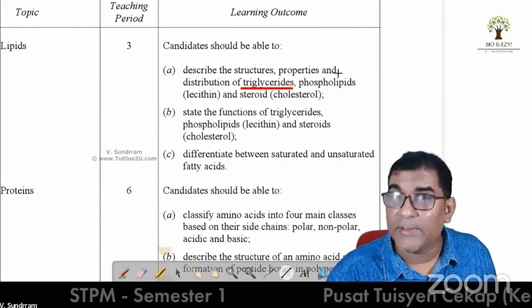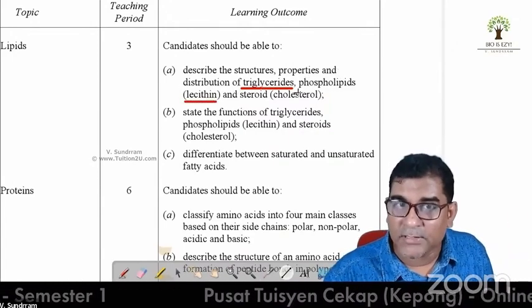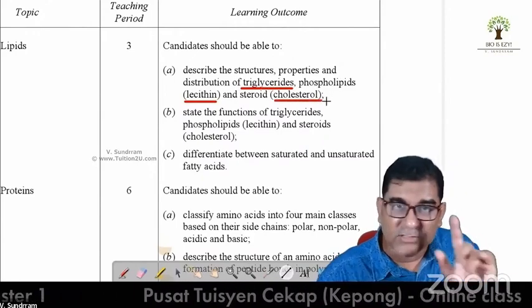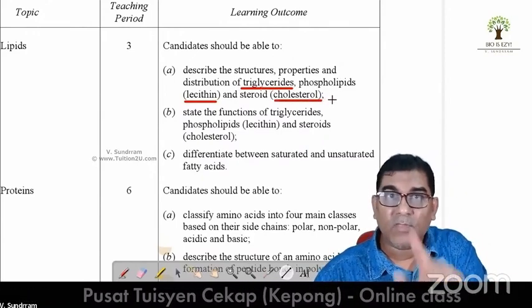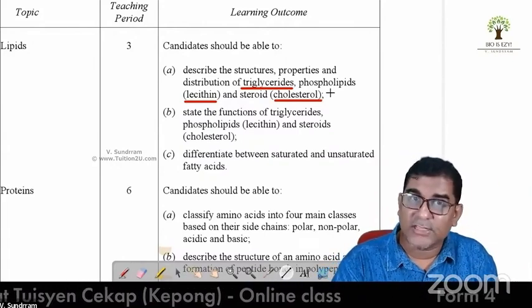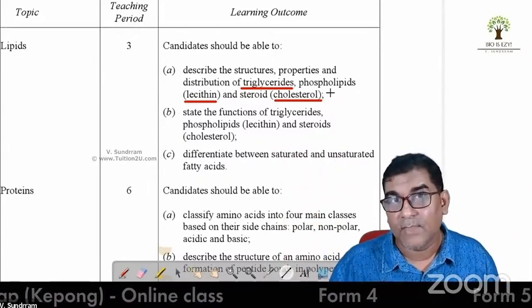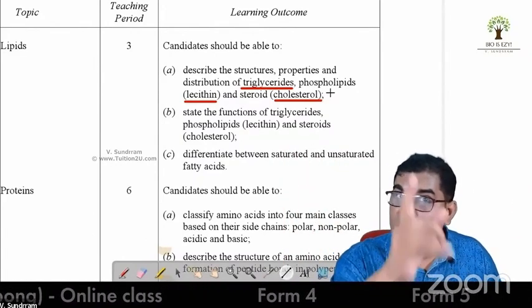But phospholipid has many types. Specifically, you must know lecithin. Steroid has many types. You must know cholesterol. For steroid, they mentioned the name. Cholesterol. Steroid ada banyak: testosterone, estrogen, progesterone, aldosterone, many types of steroid. The textbook syllabus mentions cholesterol.